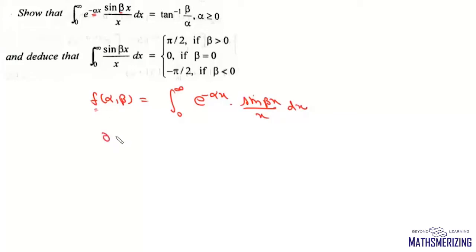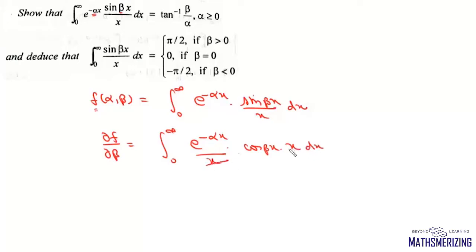So we'll write del f upon del beta. It will be this integral from 0 to infinity e to the power minus alpha x upon x, and then the derivative of sine beta x will be cos beta x into x dx.